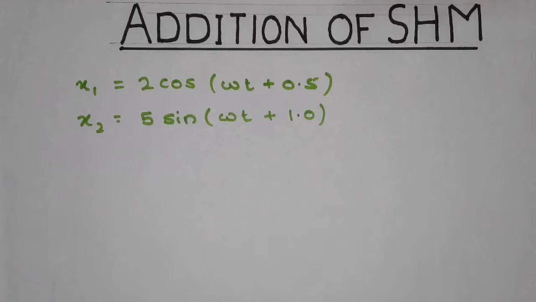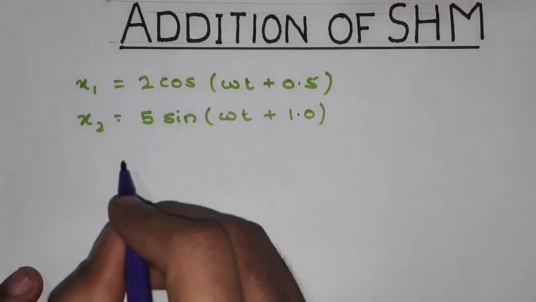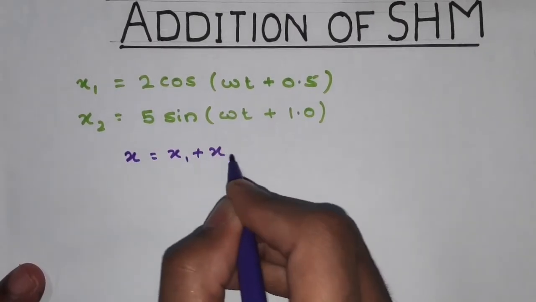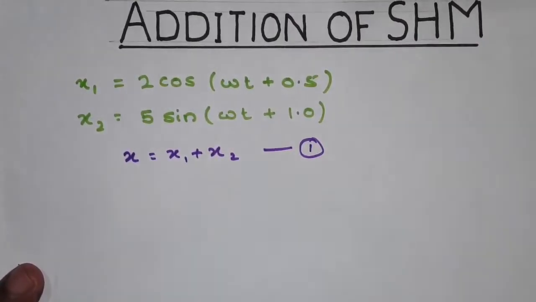Here we have two simple harmonic motions, which are x1 equal to 2 cos(ωt + 0.5) and x2 equal to 5 sin(ωt + 1.0), or 1. Here we'll first consider the addition equation, that is x = x1 + x2. Let us say this is equation number 1.